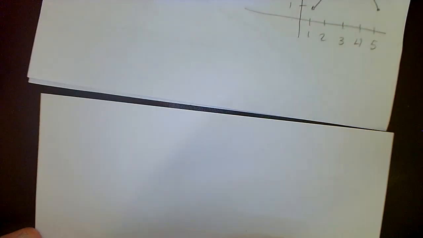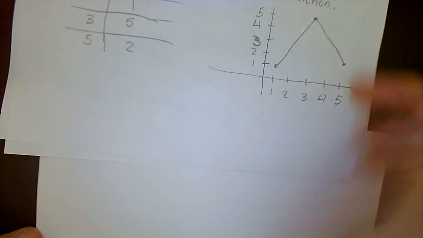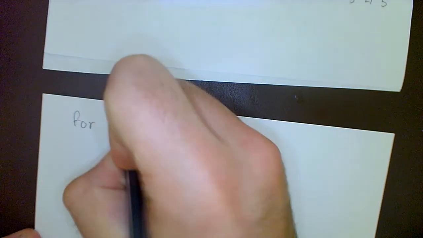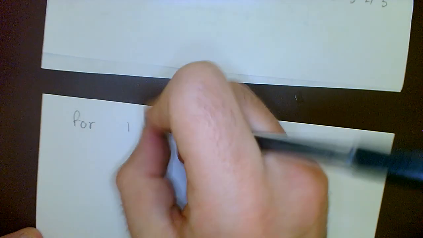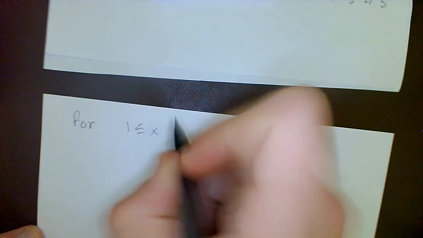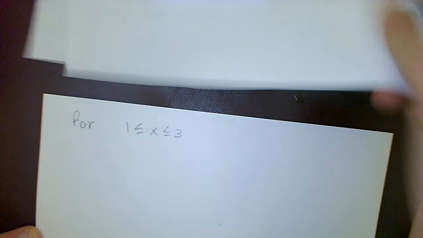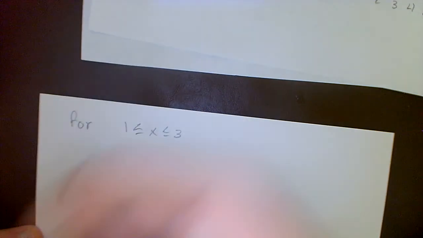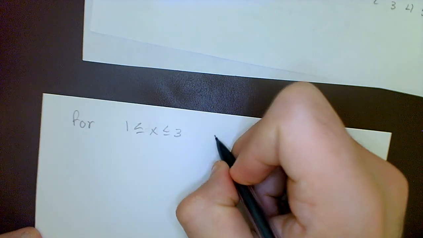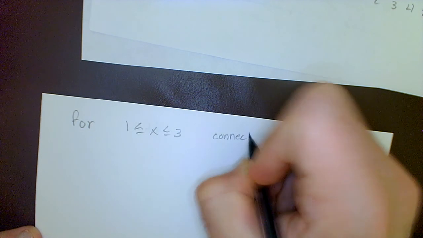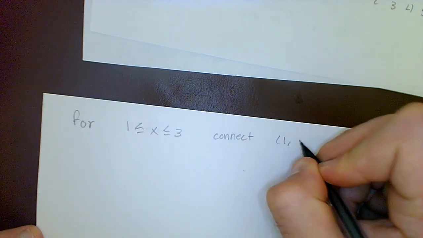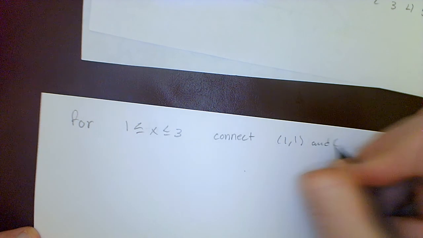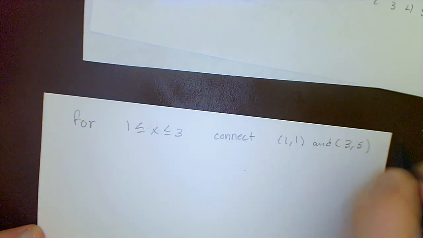So you first find those intervals. The intervals are 1 to 3 and 3 to 5. So for x between 1 and 3, less than or equal to 3, right? And these are colored in dots, so we need to include the endpoints, that's why it's a less than or equal to and not just a less than. Okay, so for x, we need to connect the points (1, 1) and (3, 5). First we can figure out the slope.